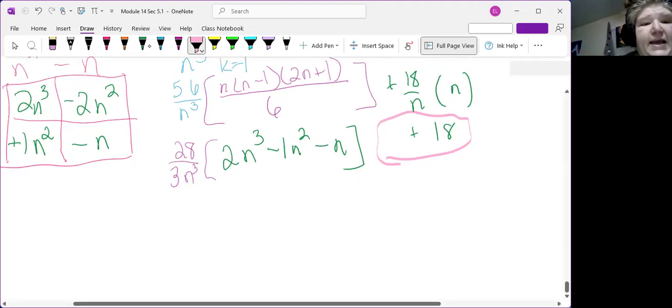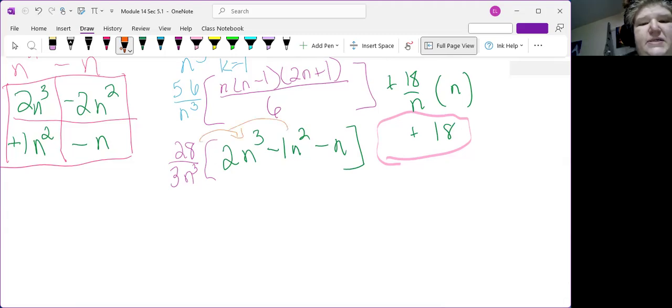All right, so now we are going to distribute this ridiculousness through. So we'll get 28 times 2 is back to 56 again. So 56 n cubed over 3n cubed. And look at that, the n cubes cancel. Like magic, like on purpose. Yes, on purpose.